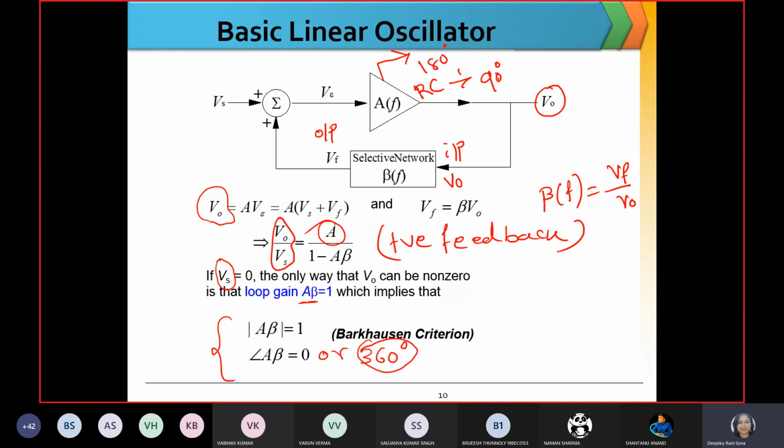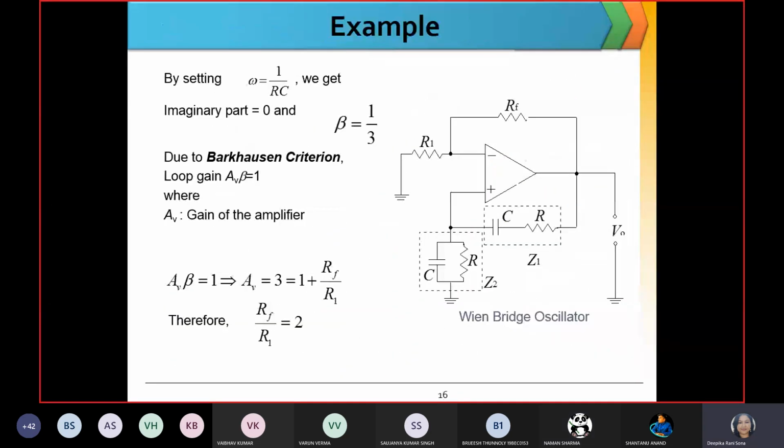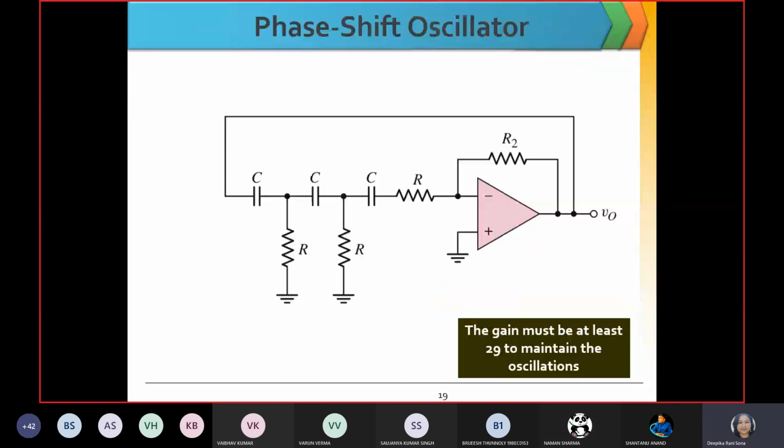But practically it is not possible. I am able to achieve a phase shift of 60 degree only by using an RC network, guys. So how many RC networks do I need to achieve a phase shift of 180 degree? 3. Yeah, the 3 RC phase shift network I need to give rise to a phase shift of 180 degree. It provides a phase shift of 180 degree.